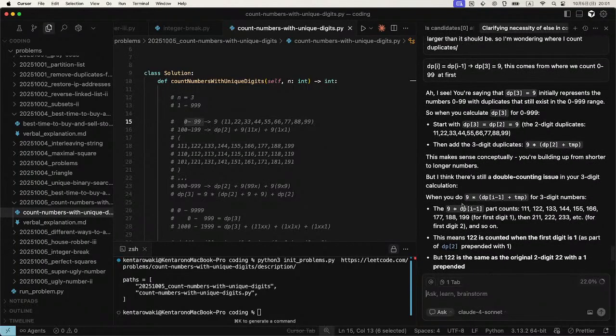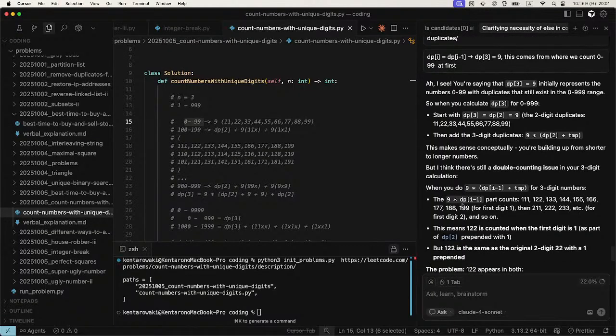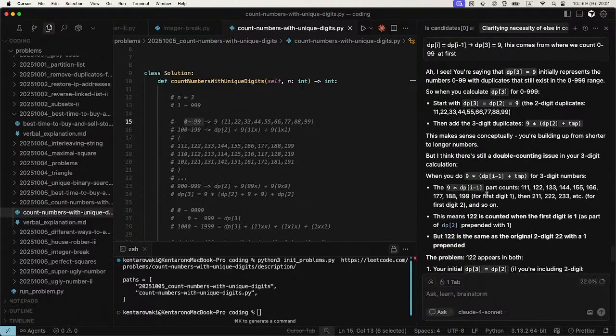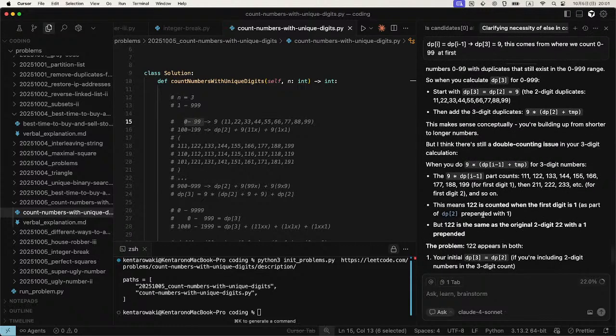There is still a double counting issue in your 3-digit calculation when you do 9 times dp[i-1] plus temp for 3-digit numbers. The part counts 1, 2, 2.